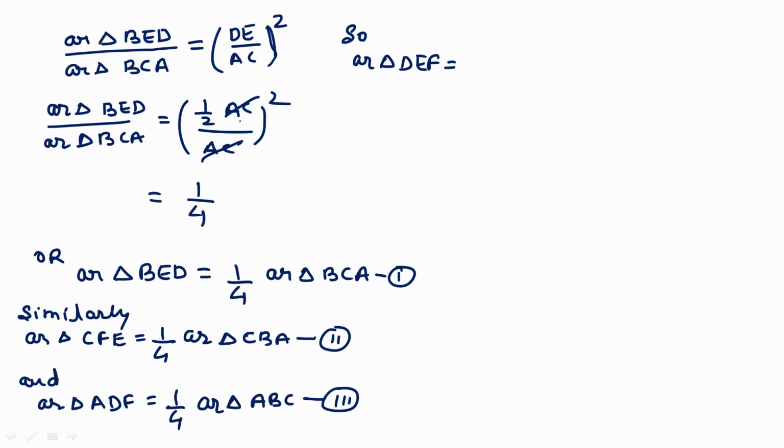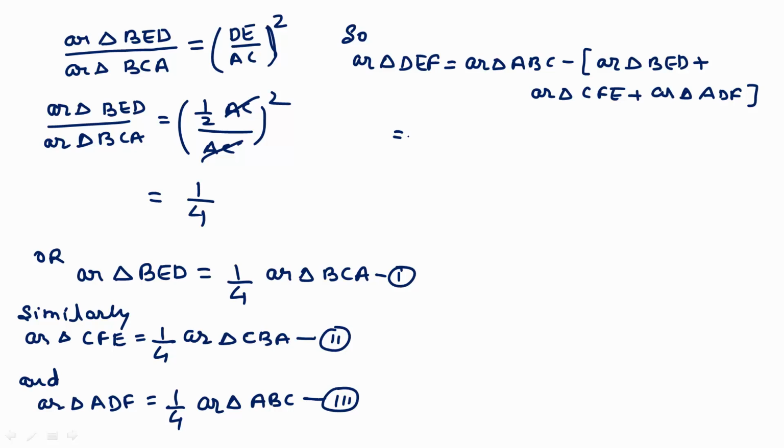So area of triangle DEF is equal to area of triangle ABC minus area of triangle BED plus area of triangle CFE plus area of triangle ADF.